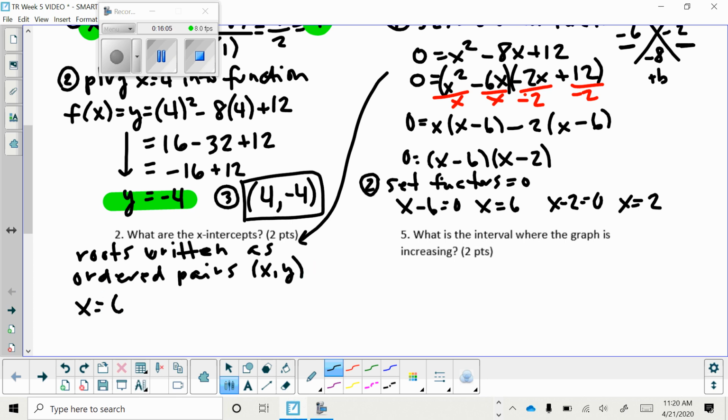The first root, x equals 6, gives me this for an ordered pair. x is 6. Do you remember what y was? How did we even start that problem in number 2? We let what equal 0? The y value, right? So when x is 6, y is 0. And the second root, when x is 2, what ordered pair does that give me? 2, 0. Right? So that's my answers.